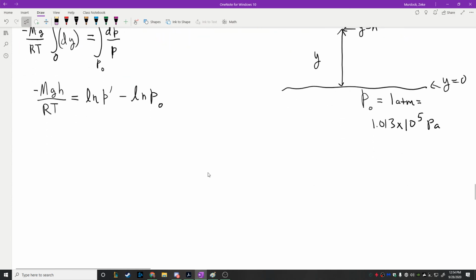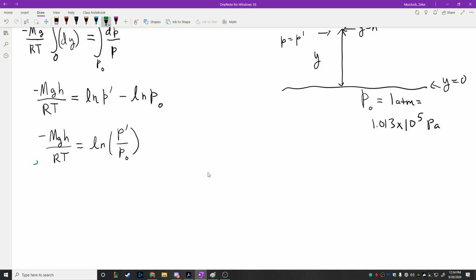And then we could plug in numbers. We'll do that at the end though. mgh over RT should be equal to the natural log of the ratio, because when you do a log minus a log, it's the same thing as the ratio of P prime over P naught. P prime is just the pressure at some other height. Okay, so like the pressure right here is P prime. We're going to drop the prime at some point too.